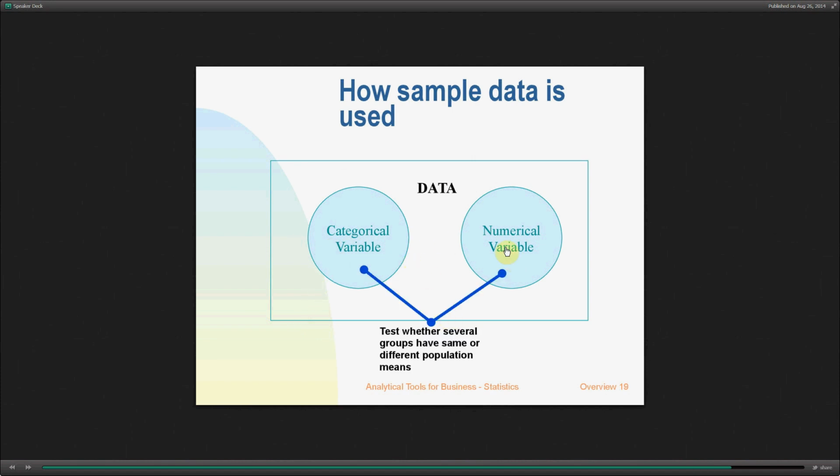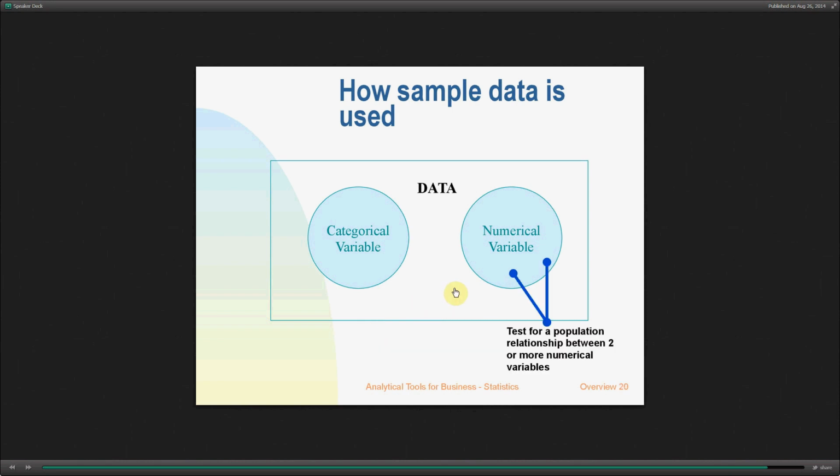If we have a numerical and a categorical, we might take that numerical variable and split it up according to those categories, and then compare the different groups that we get. If we have numerical variables, we might look at relationships between two or more numerical variables by testing the hypothesis of the means between those, or medians, or maybe do, again, some regression analysis.